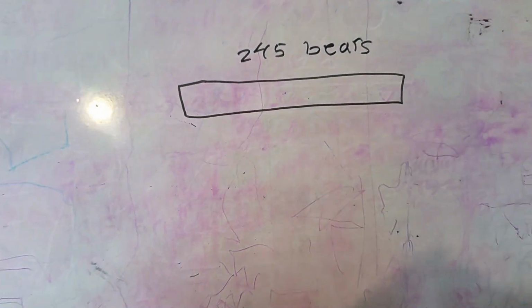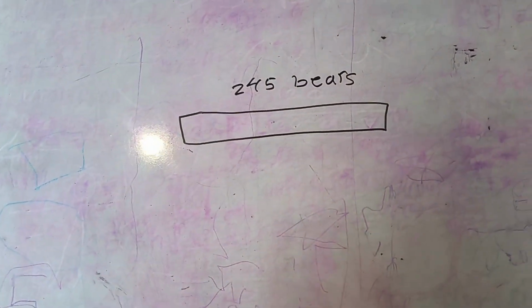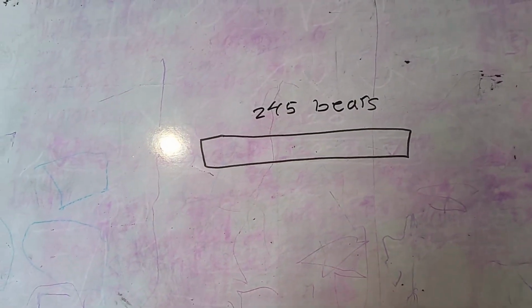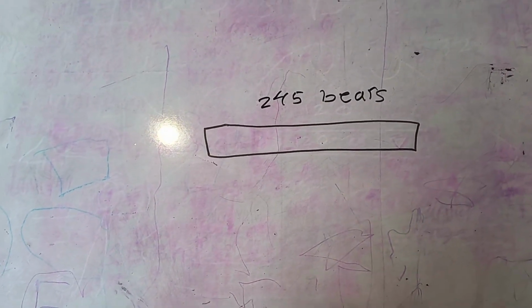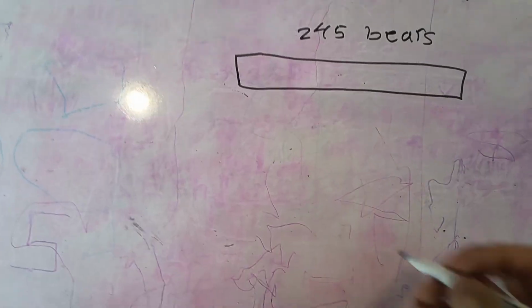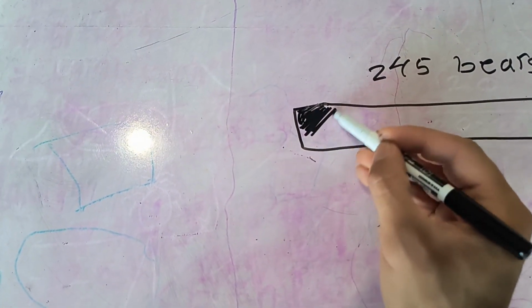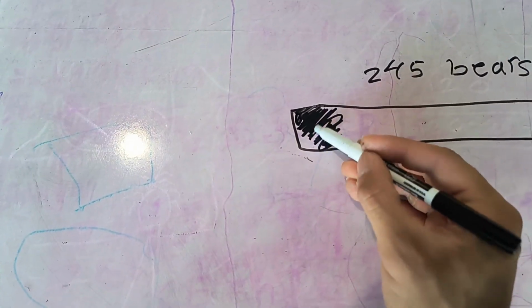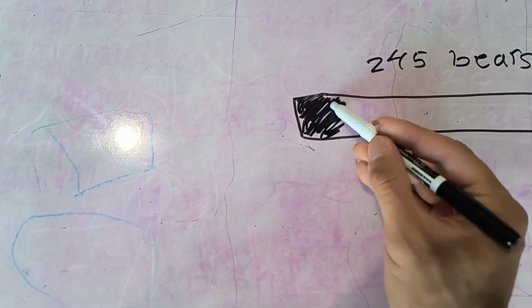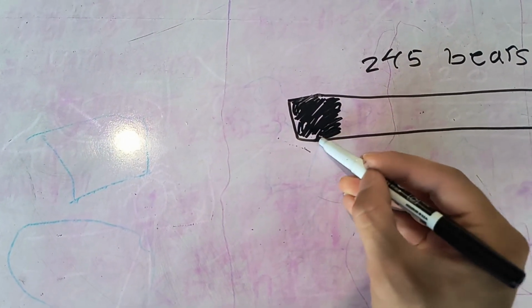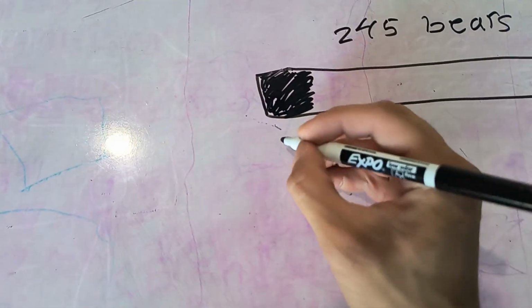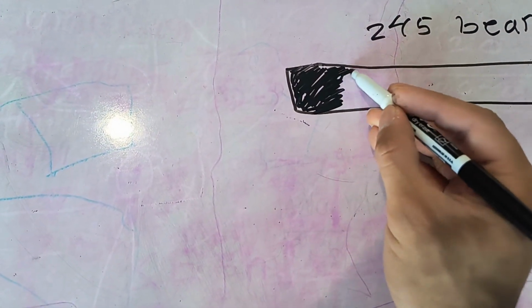Okay? And let's say that 64 of them ran away. So we'll shade in this part to represent the 64 that ran away. This part's going to be representing the 64 Kodiak bears that ran away.